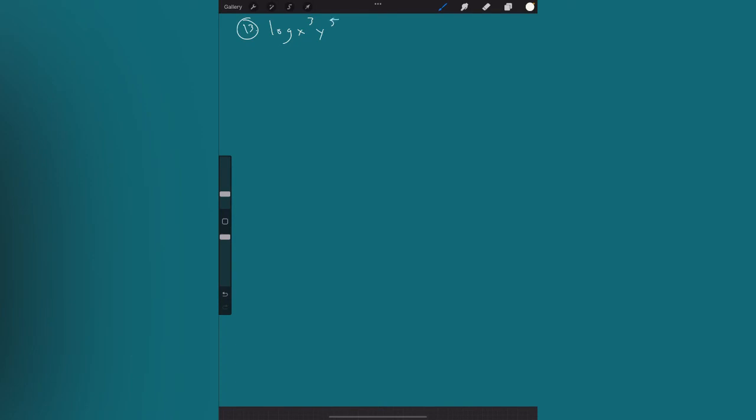Okay, and the way I would write this is, I know x is raised to the third power. So remember when we had a number out in front, let me say like 2 log 3, I could rewrite that as log 3 to the second power, and then eventually I could say log 9.